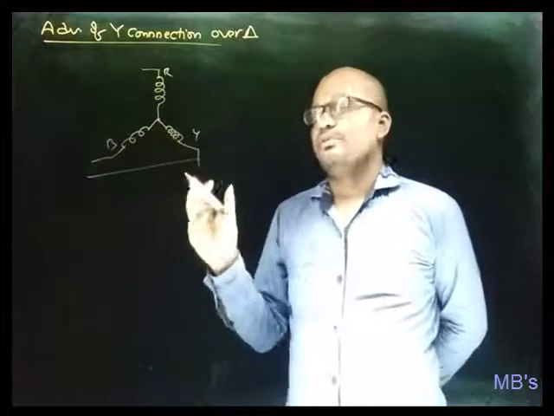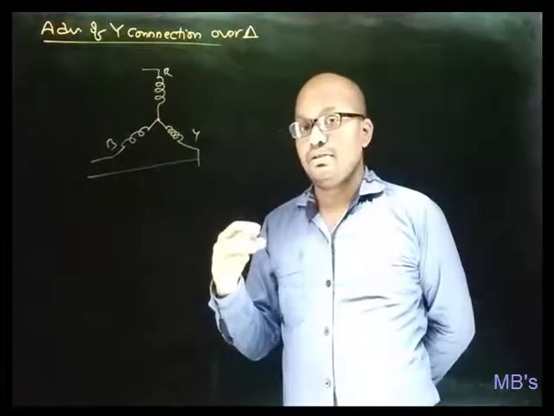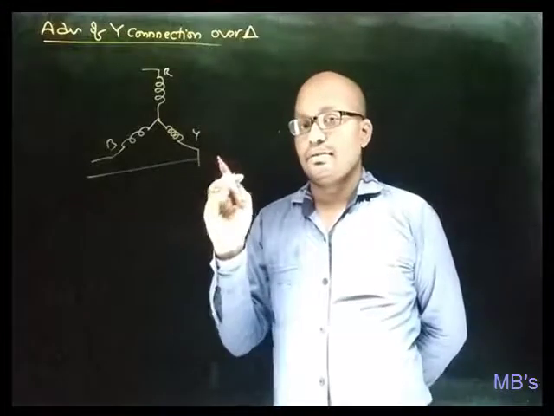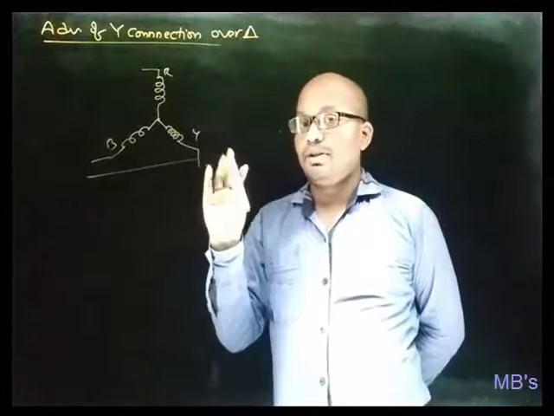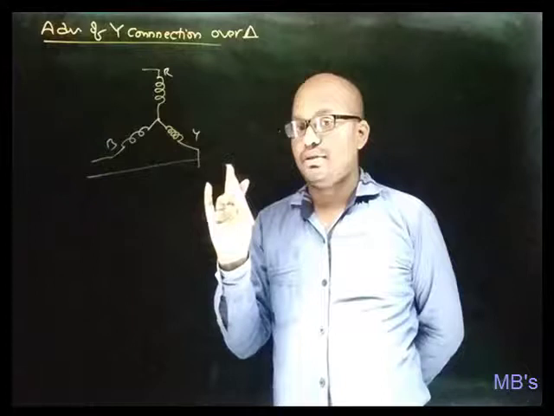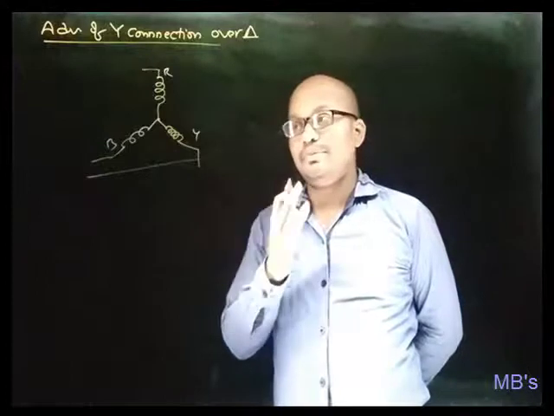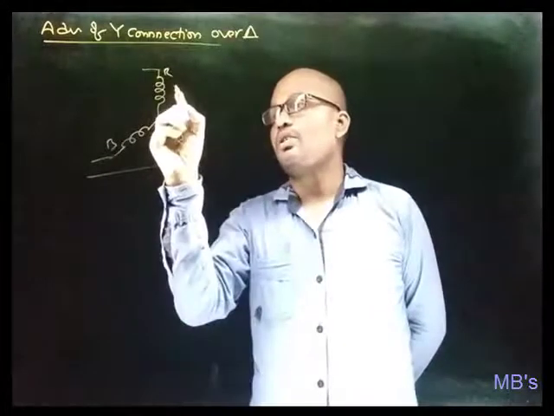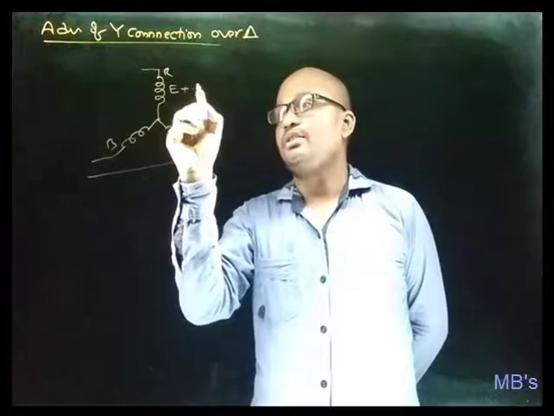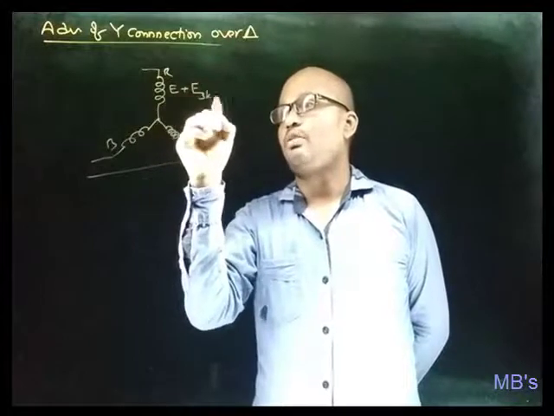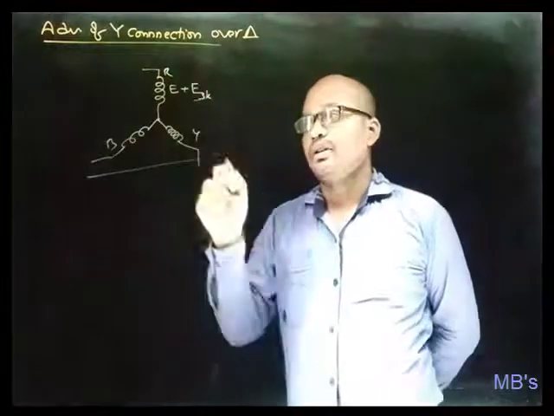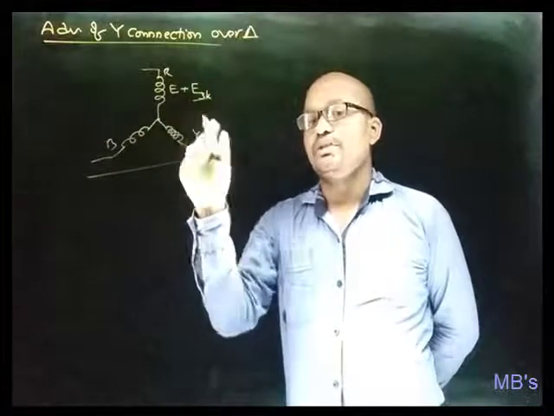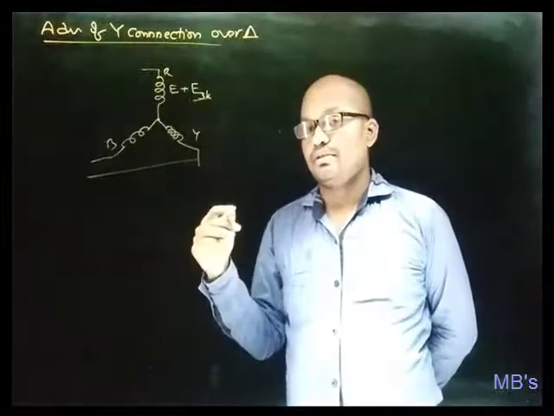From the earlier discussion, we have concluded that in the phases, along with the fundamental, triplen harmonics are also present, whereas the remaining harmonics are eliminated by the windings. Because of these triplen harmonics, our induced EMF is becoming non-sinusoidal.